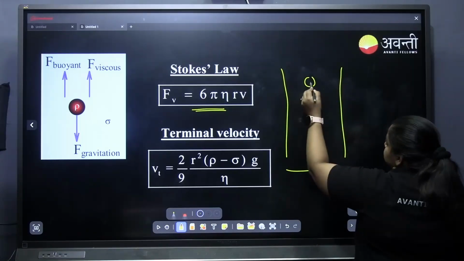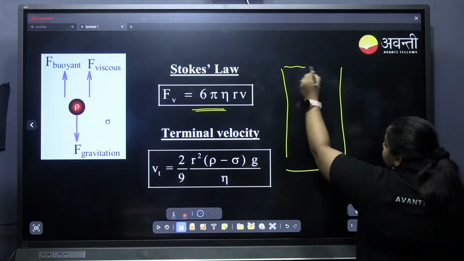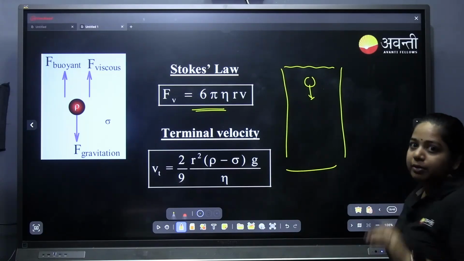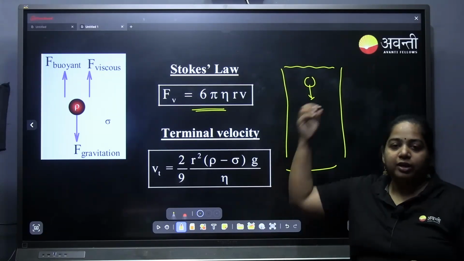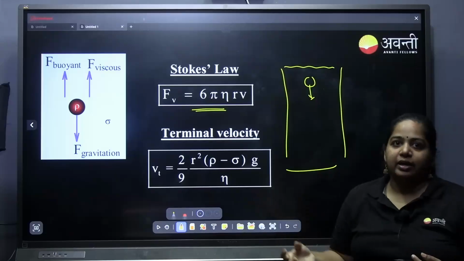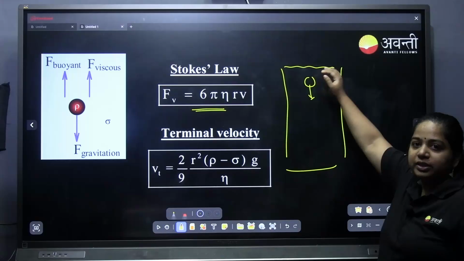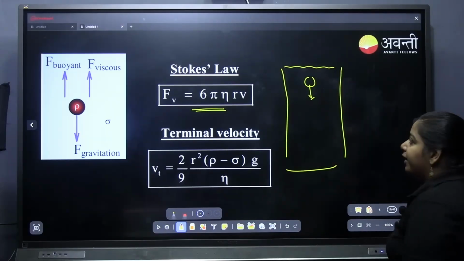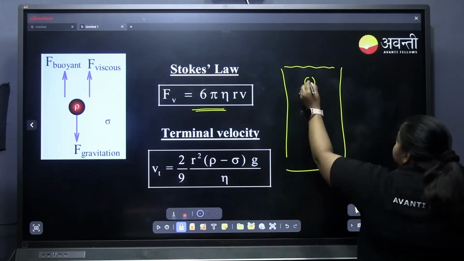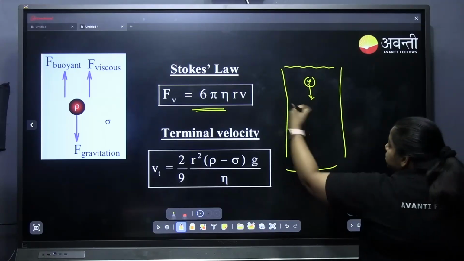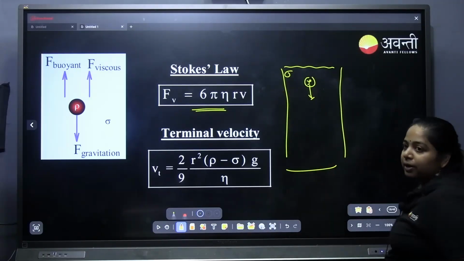Let's say an object is falling in a fluid medium, like rain falling from the sky through air. Air is also a fluid, I told you. So a round object is falling through a fluid medium. This object has density rho, this fluid has density sigma.